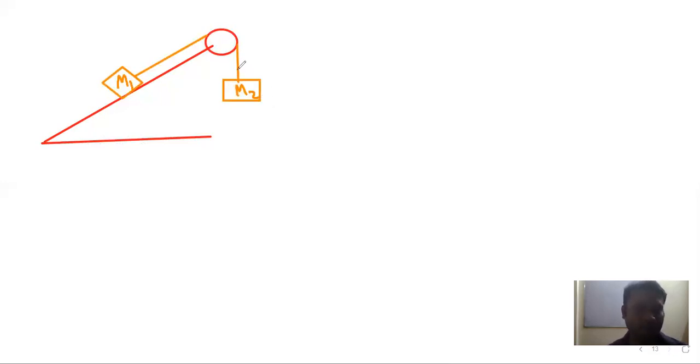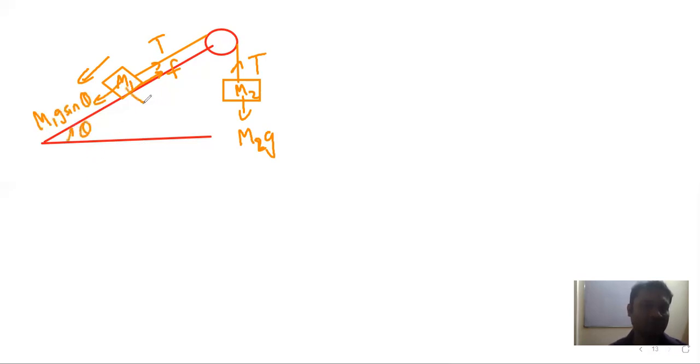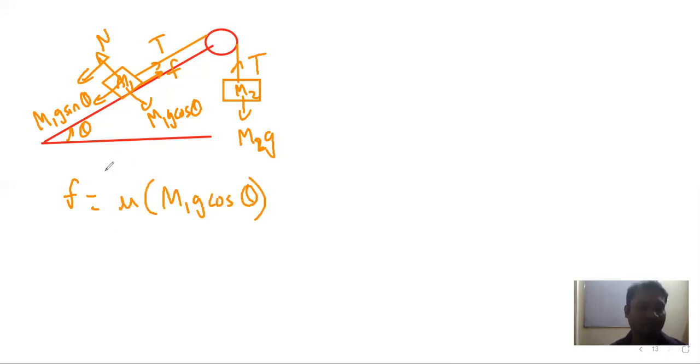M1 and M2. Here we have tension force, M2 g, tension force. In this case, M1 slides downward. So friction will be up the incline. And we will have M1 g sine theta in the downward direction. So this is M1 g cos theta. This is normal reaction N. So friction is mu into M1 g cos theta, mu N.